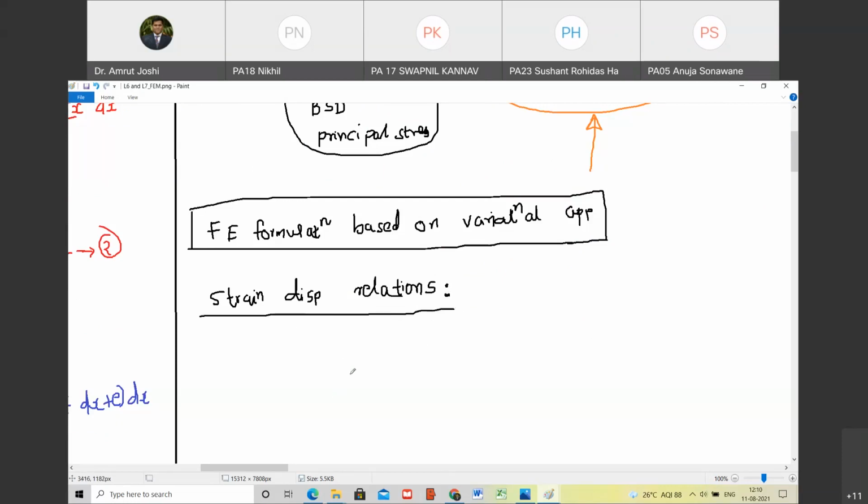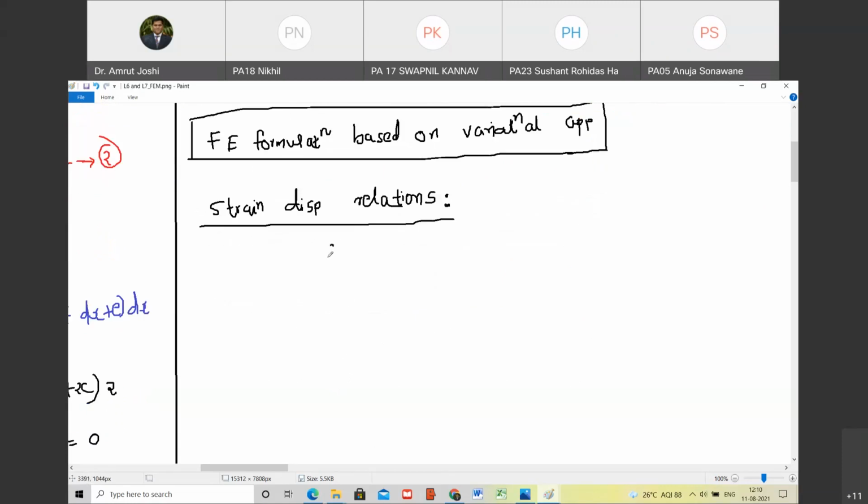Are you with me? Yes, sir. Tell me if you have seen this kind of equations. Epsilon xx. This is the strain on the plane to which the x-axis is perpendicular and it is acting in the x direction. As it is a normal strain, we call it epsilon xx. Are you with me? Yes, sir. This is dou u by dou x. Do you remember this equation?